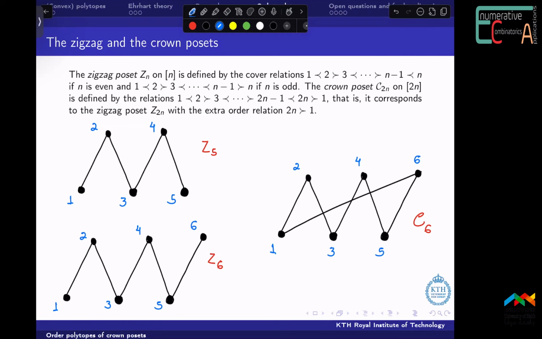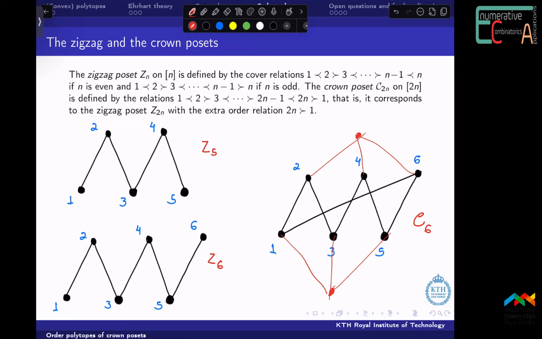So what is the motivation for working with crown posets? The idea was the following. If I add a top element and then a bottom element, this poset now is the face lattice of a polygon.